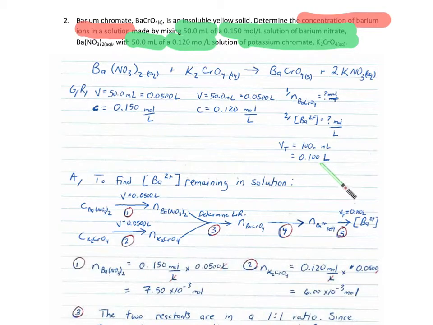One other piece of information that will be helpful: if I'm looking for the concentration of barium 2+ ions in that final solution, I'm going to need the final volume, which is just the addition of the 50 mL and 50 mL, for 100 mL.